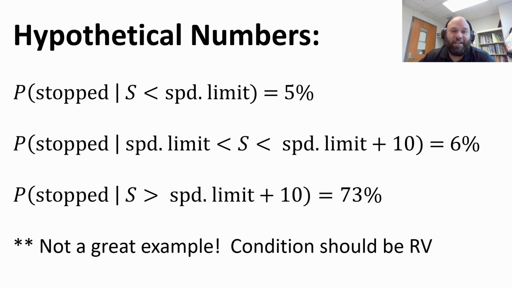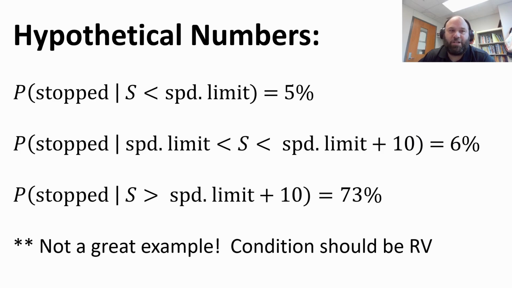The probability of getting stopped if the speed limit is less than the speed of the driver, which in turn is less than speed limit plus 10, we're going to say that's a little bit higher, 6%. And that means if you're driving 10 miles or less above the speed limit, your probability of getting stopped is 6%. Still pretty small.